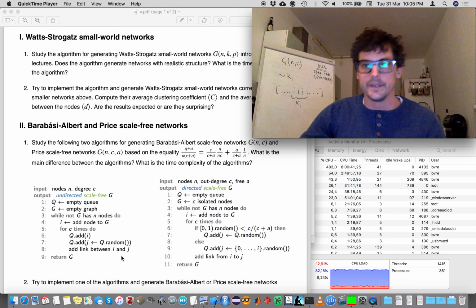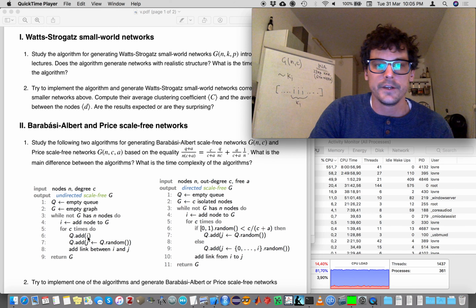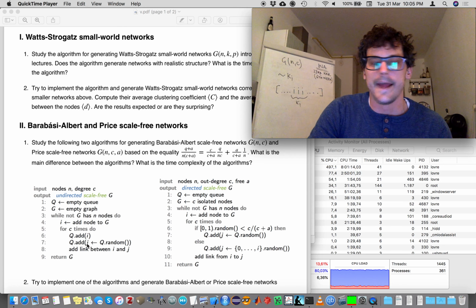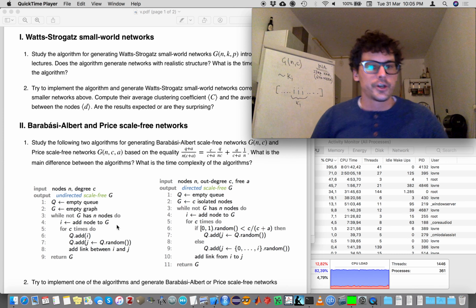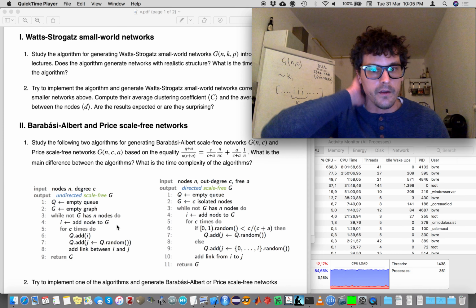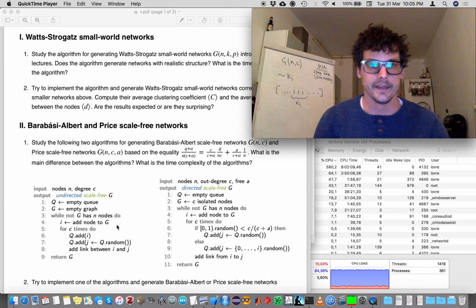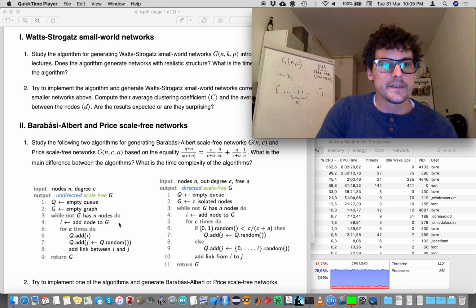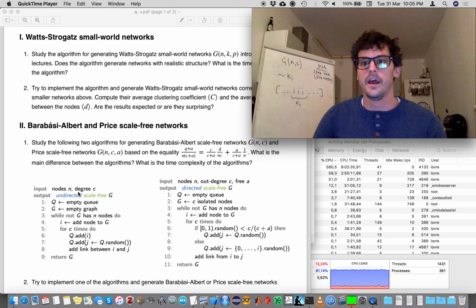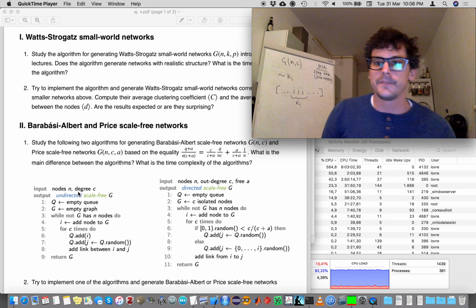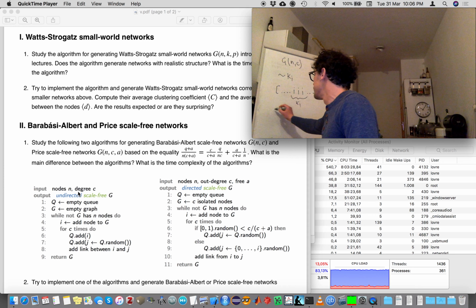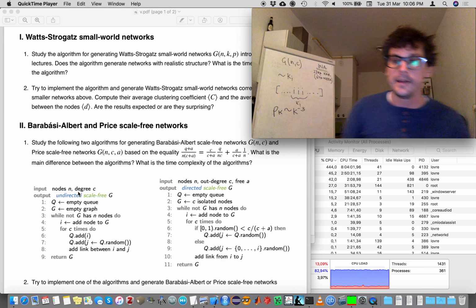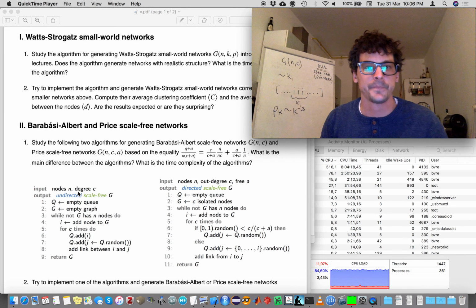In order to keep this list updated, on each step I also add node i to the list and add node j to the list. So the list will, at any time step, contain each node as many times as its degree. This is the Barabasi-Albert model, which will generate an undirected scale-free network whose degree distribution will roughly follow k to the power of -3, which we derived in labs.